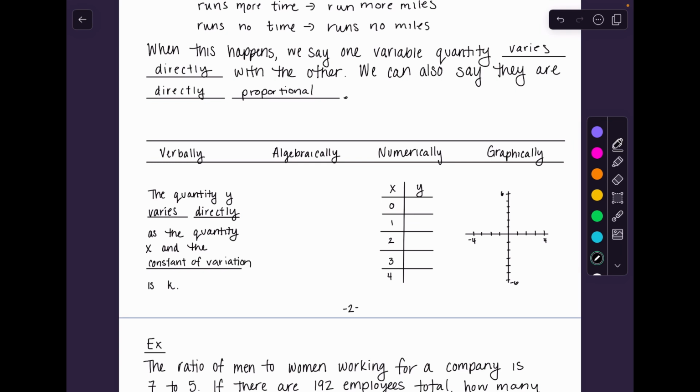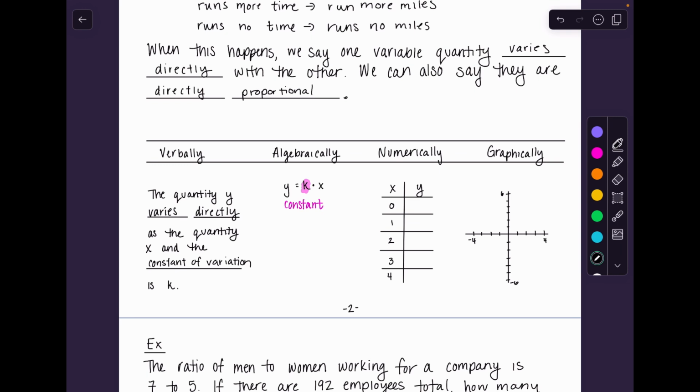Okay. So to show you algebraically, what you're going to see is the quantity y varies directly with x. So it's going to be some constant times x. This will be a fixed number, or just a constant.